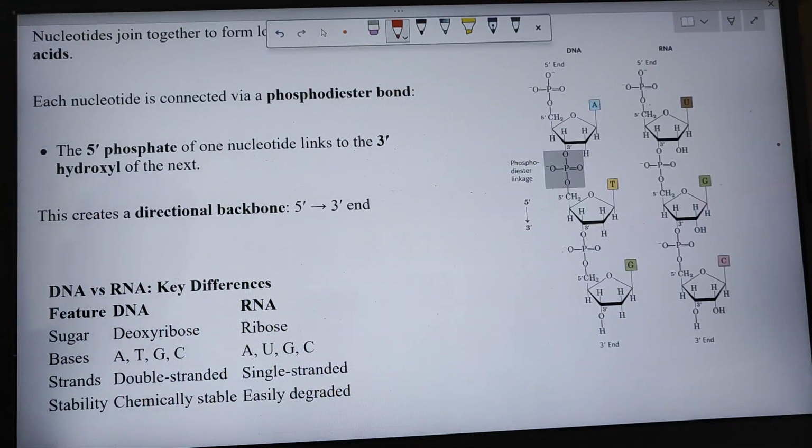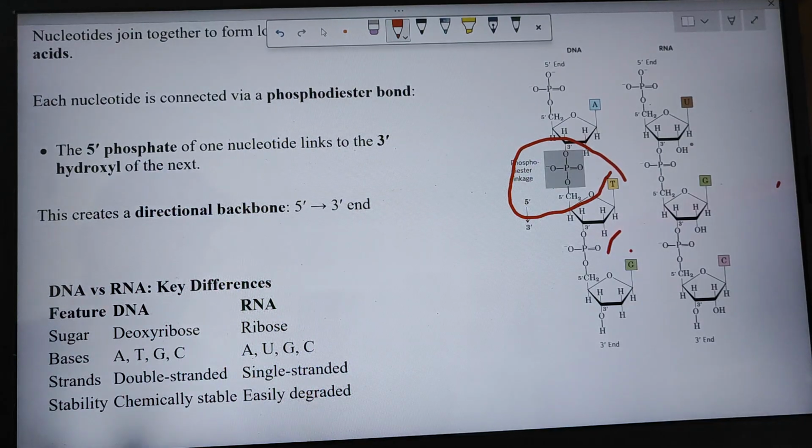As I mentioned, nucleic acids are long chains of nucleotides, and the nucleotides of both DNA and RNA are covalently linked through a phosphate group, in which the 5-phosphate group of one nucleotide is joined to the 3-hydroxyl group of the next nucleotide, creating the phosphodiester bond. The phosphodiester bond is a covalent bond that links the individual nucleotide units together in nucleic acids.